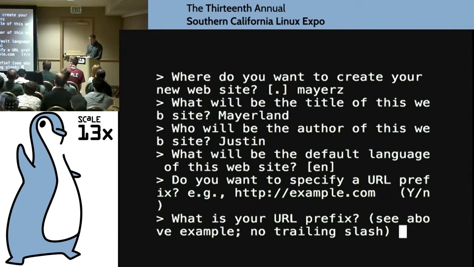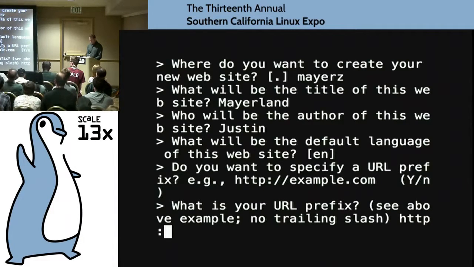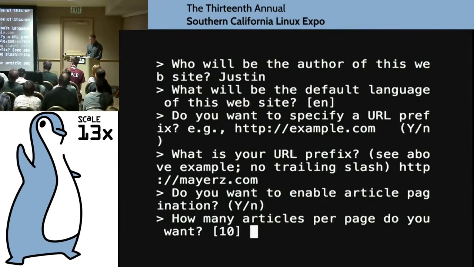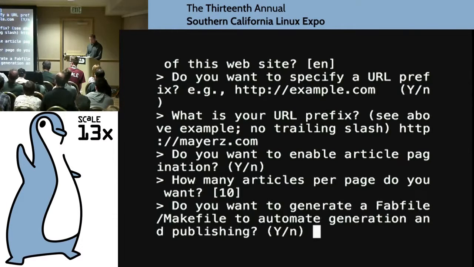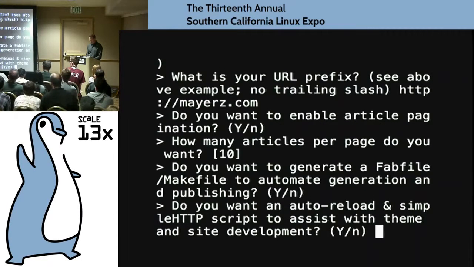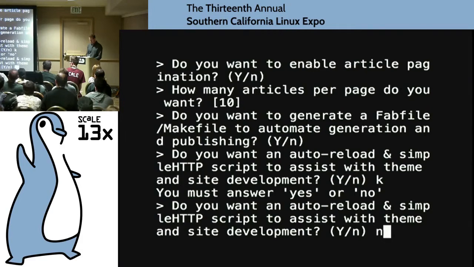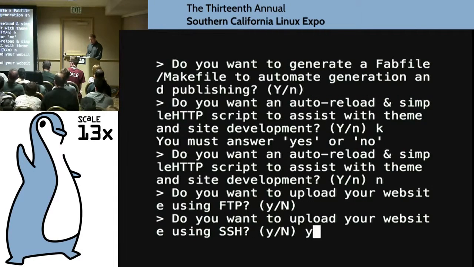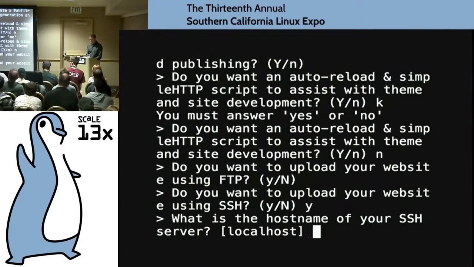We are going to specify a URL prefix just because it's a good thing to do. All right, great. Do we want pagination? Sure. Ten per page, great. Fab file, do it. Don't need that. Don't need FTP, and I'm going to use rsync, so we're going to need SSH.